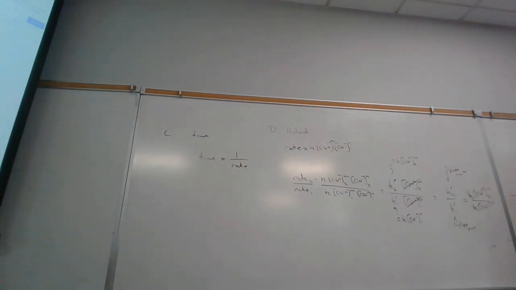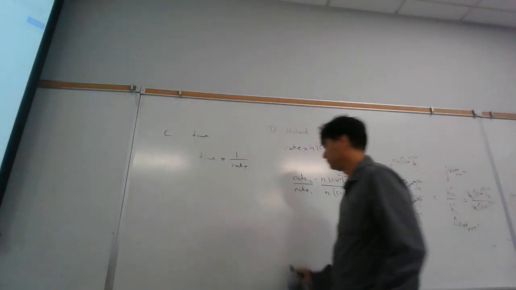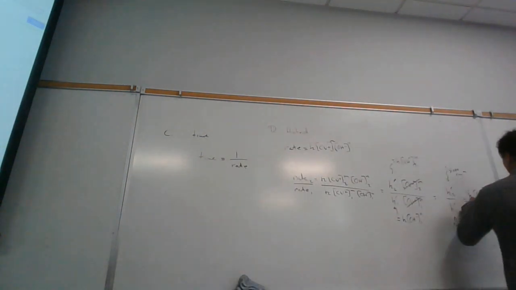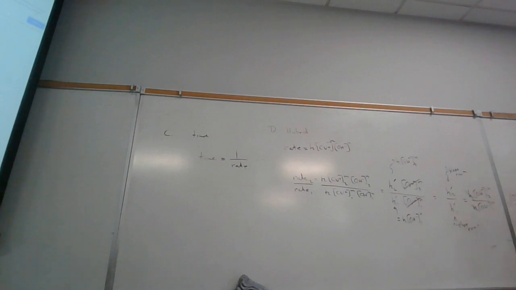So we're going to do this for our data. And then from our data, we're going to calculate what k is. And so this is going to give us n. And then k, we're going to get k for the 2 runs.